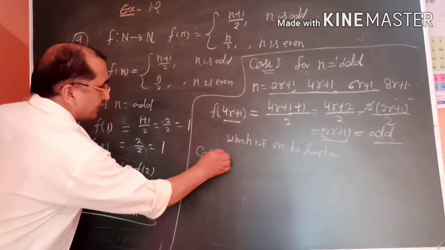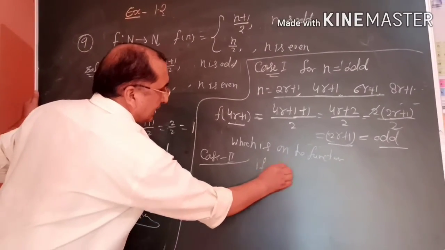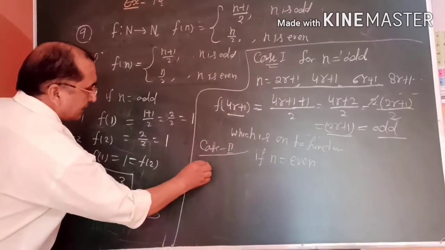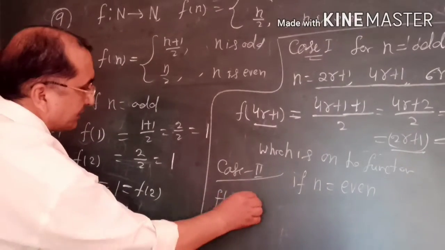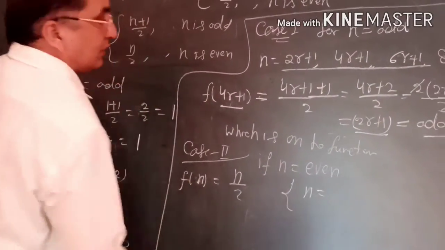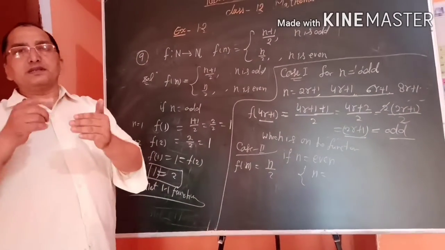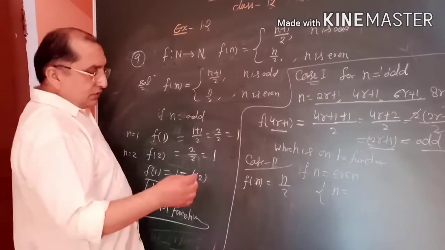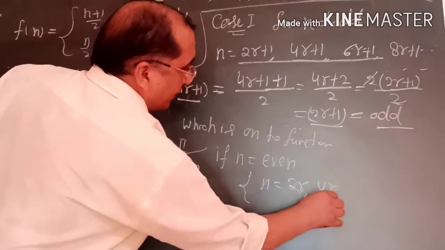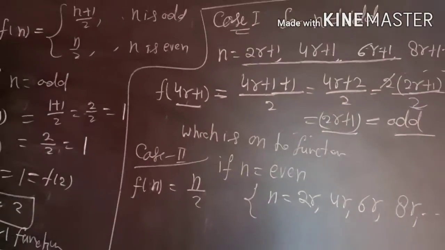Case number 2. Case 2, if n is an even number, n is even means f of n will come n by 2. And an even number means if any number is multiplied by 2, it is known as an even number, so we can put 2r, 4r, 6r, 8r and so on as the even numbers.